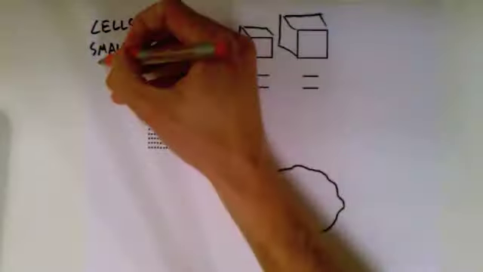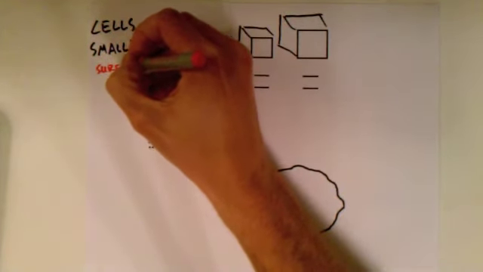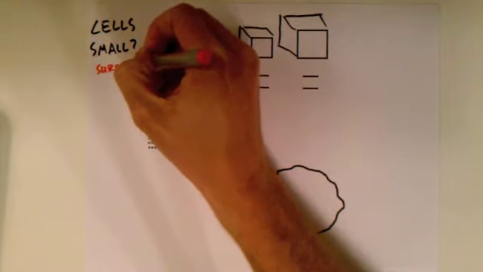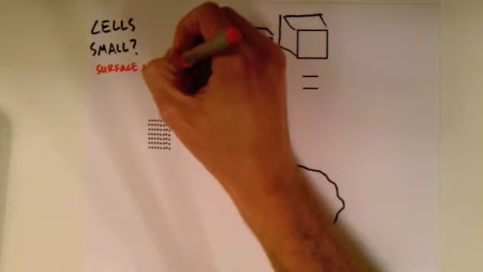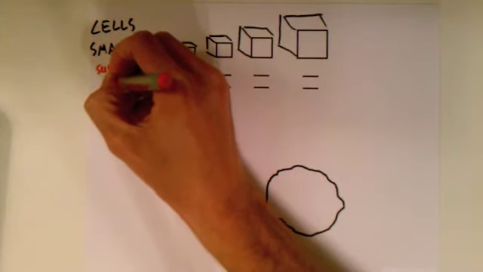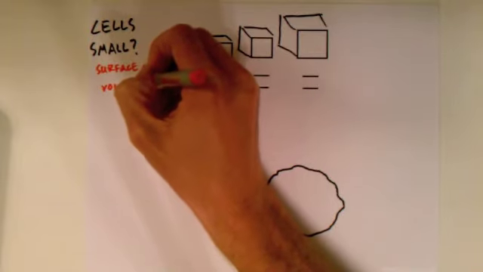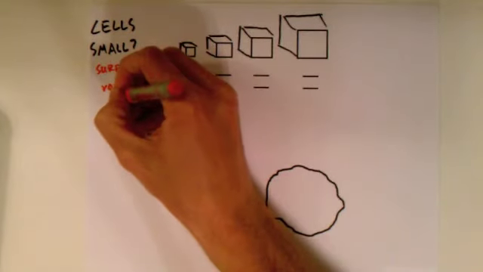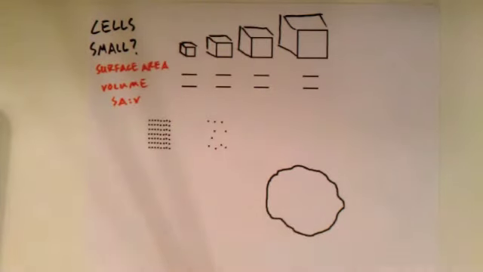We're going to be looking at surface area, which is basically the amount of stuff surrounding the cell, the area of the surface. And we're also going to be looking at volume, so how much stuff is inside the cell. And we're going to look at the ratio between those two things, surface area to volume.